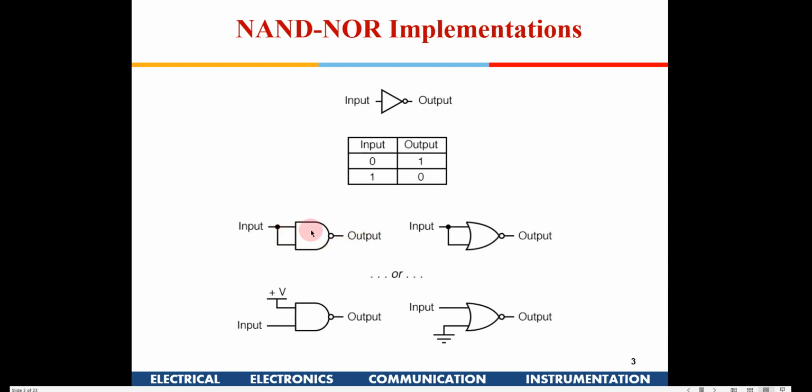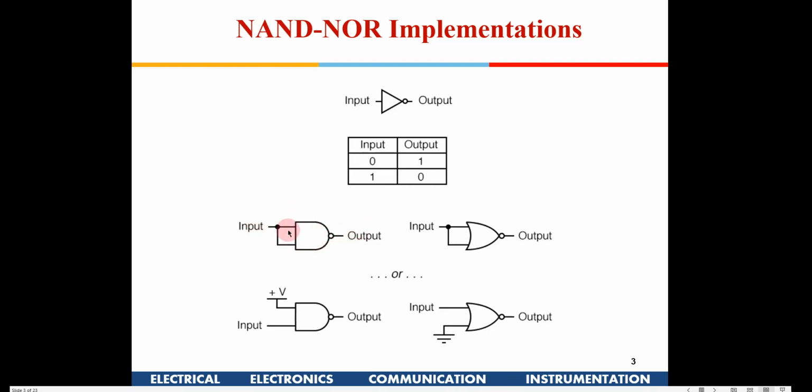This is a NAND gate, not AND, so with input 1 on both shorted inputs, you will have an output of 0. Similarly, if you have 0 0, it is NAND, not AND, so it will give a 1. So this will act like an inverter.